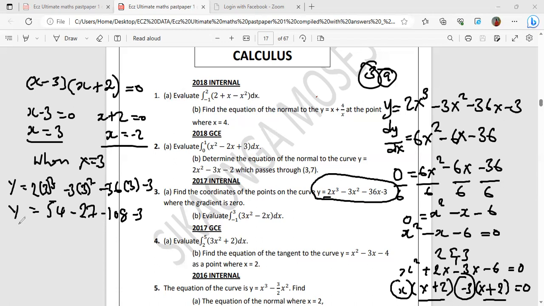So y is equal to -84. Now the same thing, we're going to get where x is equal to -2.